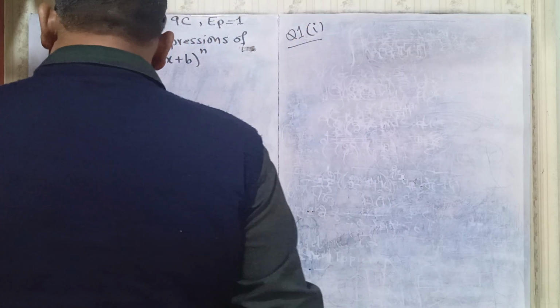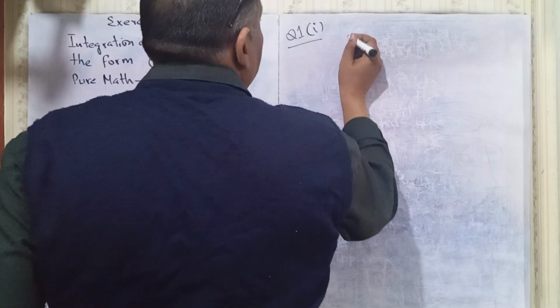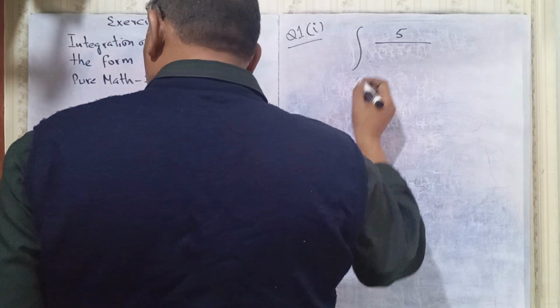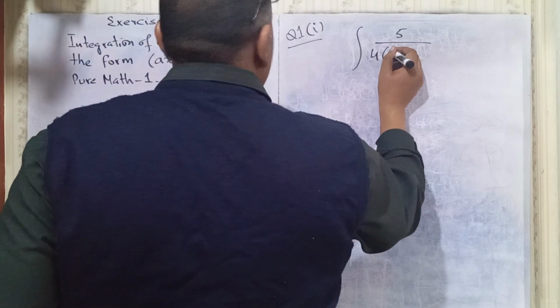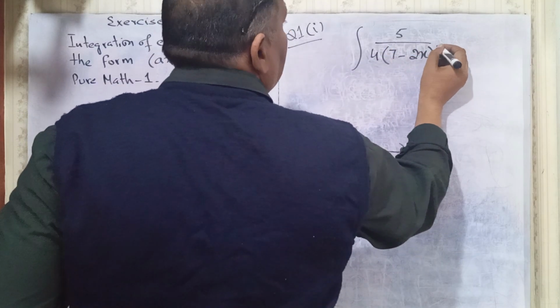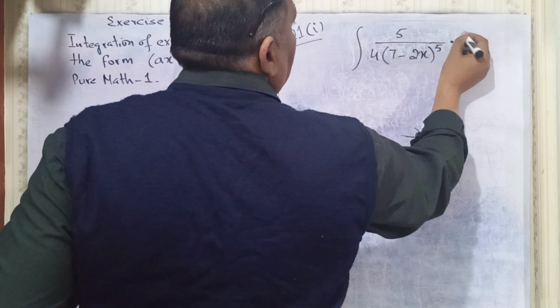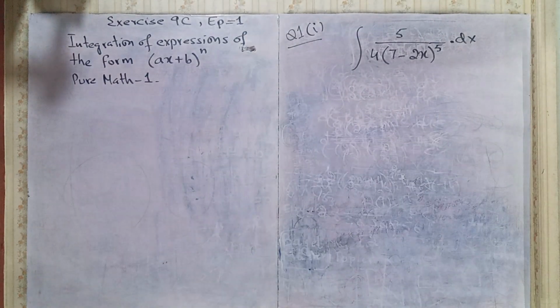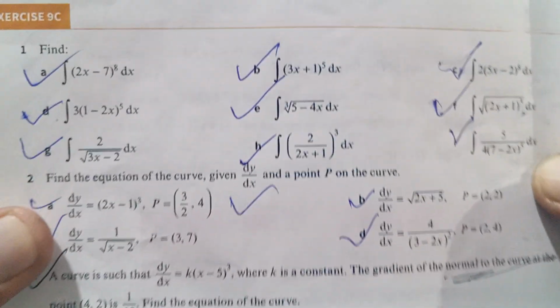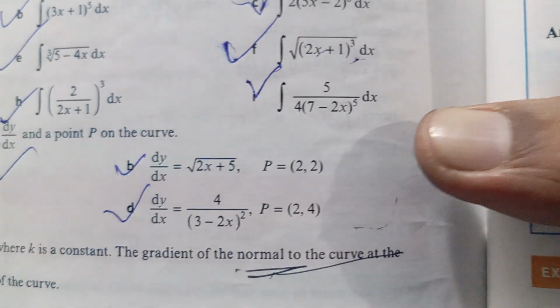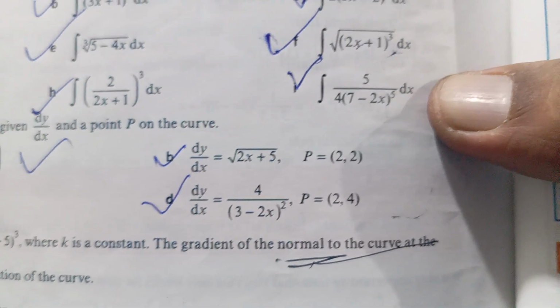Here we have to integrate. We have 5 divided by 4 bracket 7 minus 2x raised to power 5 d of x. Okay, so let me show you the question. The exercise 9C, question number 1, part I. So this is that part, I part.